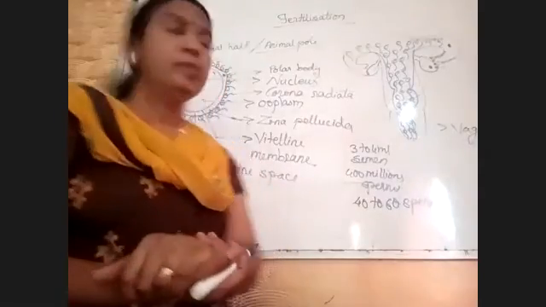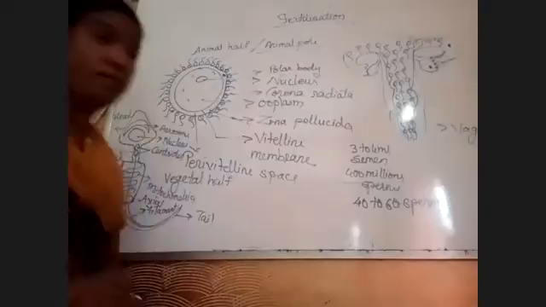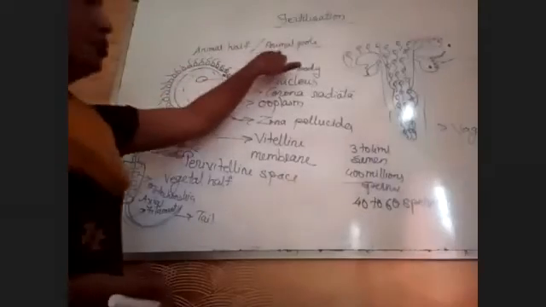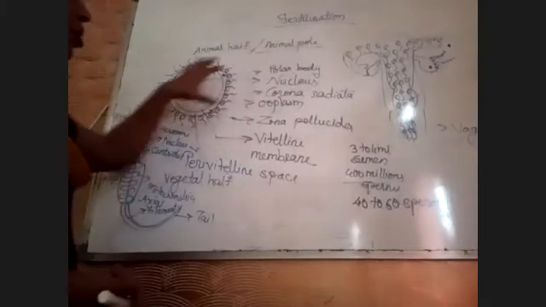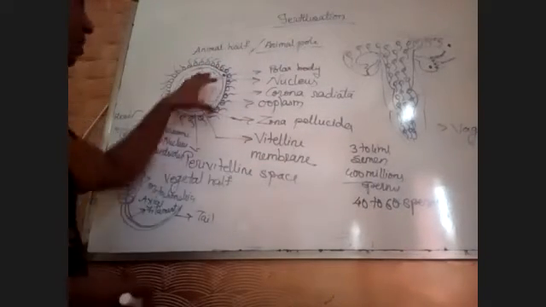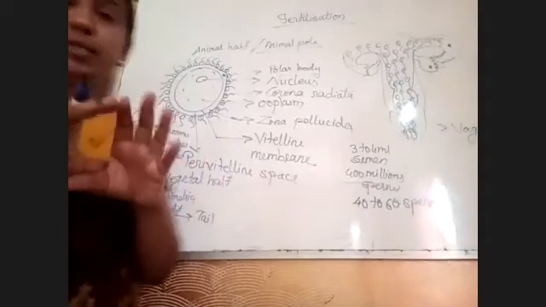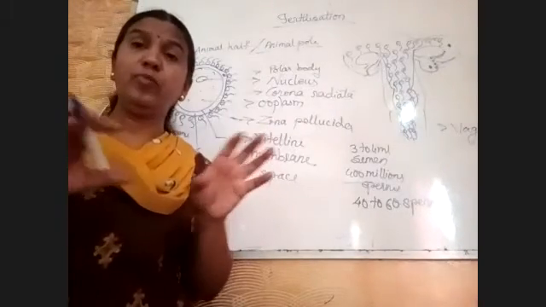Okay, so what will happen here? I have already told you about the animal pole. These sperms will just attach to this ovum.